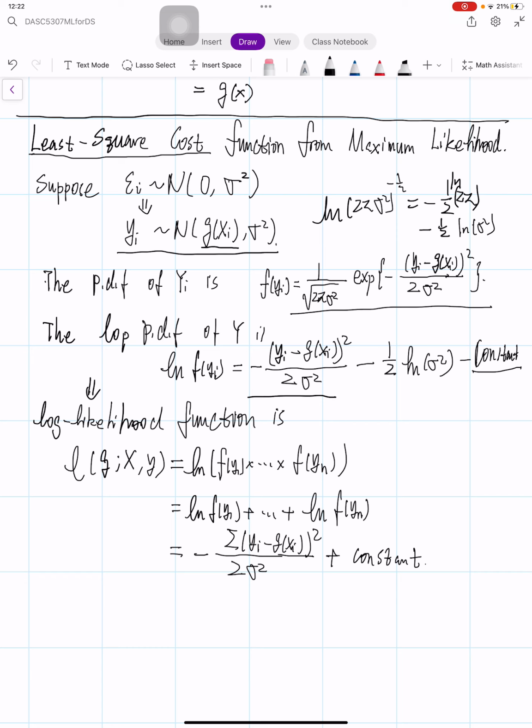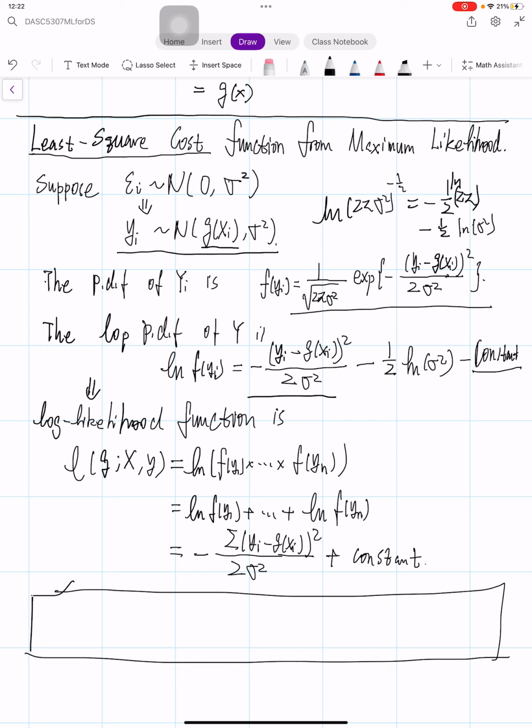So the punchline here is maximum likelihood on the parameters. For example, if you assume g is some function equal to a plus b xi, then in maximum likelihood we have parameters a and b here.